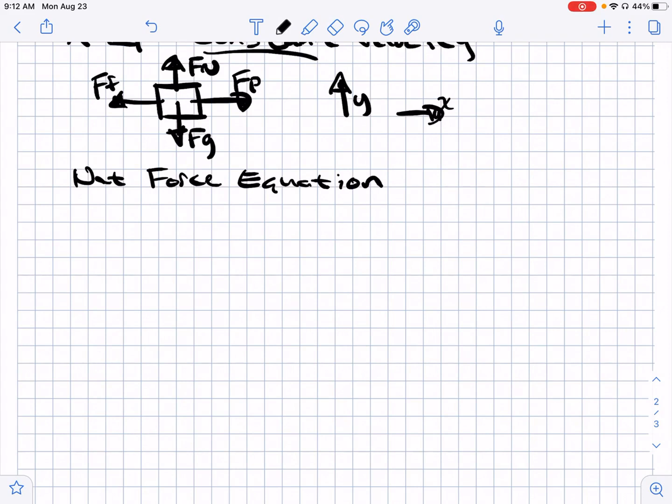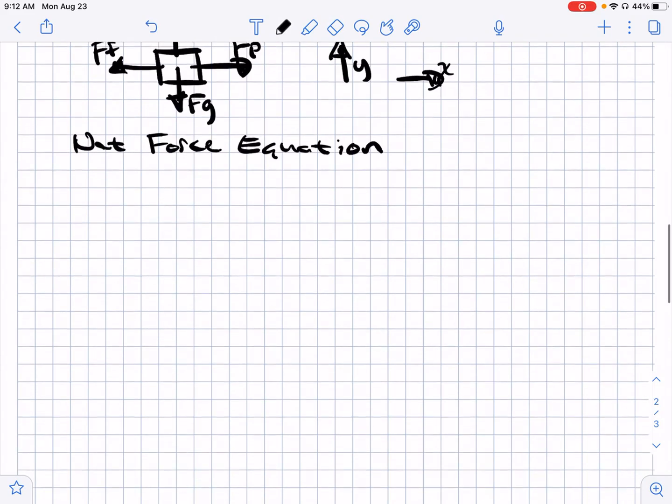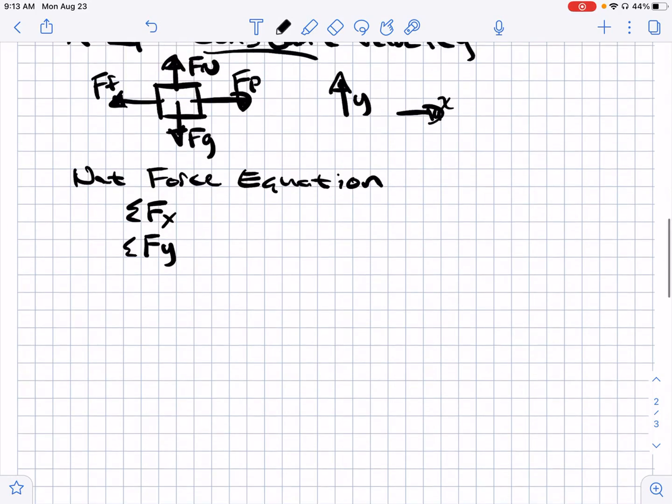So what we end up doing is we make a net force equation. So there's the symbol net force in the x direction, and we make a net force in the y direction. And so we're going to build our equations based on the situation. So if we're looking at this example right here with me pushing a box, if I want to make a net force equation in the x direction, we're going to look at all the forces that are in that horizontal x direction.